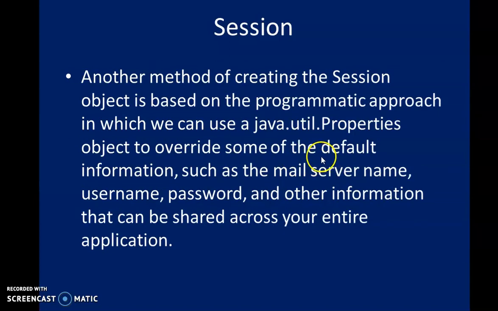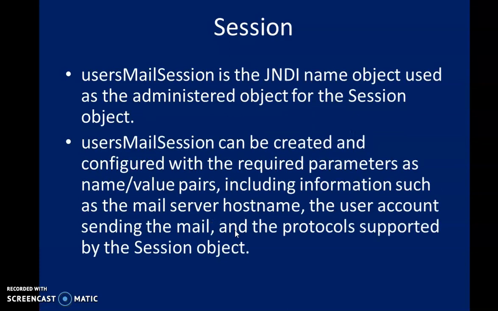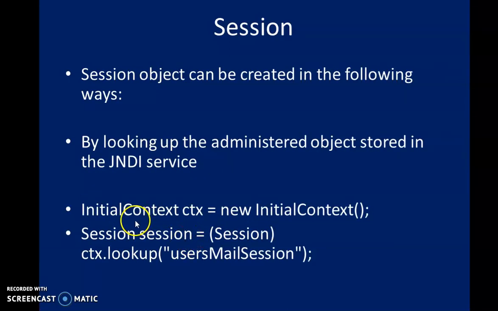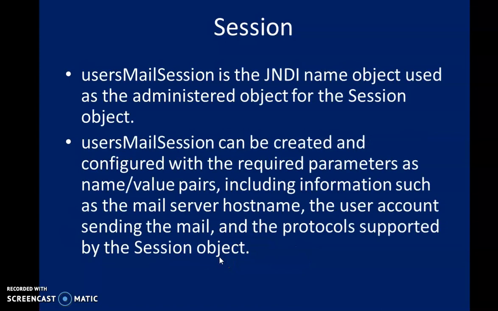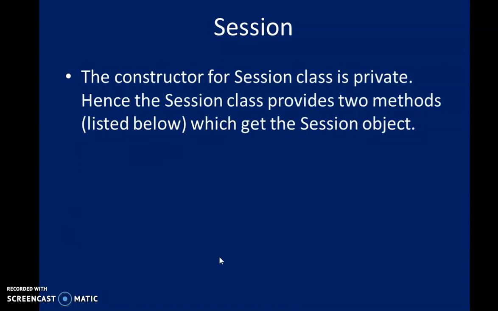The second method is based on the programmatic approach, with the information such as the server name, username, password and other information. So in a programmatic way we can also create it, or by using the initial context: InitialContext ctx = new InitialContext(), and then Session session = ctx.lookup("UserMailSession"). And the next thing is that the constructor of the Session class is private, so it provides two methods to get the session object.